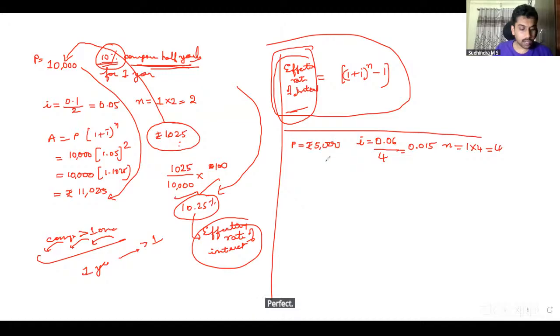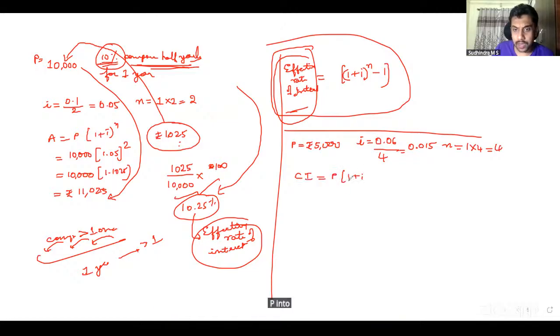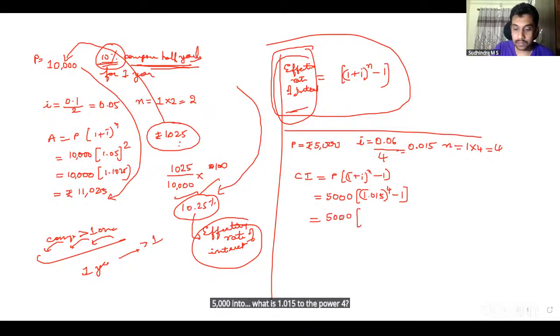Perfect. So here they're asking us, first they asked us what is the interest after 1 year that he gets. Compound interest formula, P into 1 plus I to the power n minus 1. So P is 5,000 into 1.015 to the power 4 minus 1. What is 1.015 to the power 4? 1.0613 minus 1.